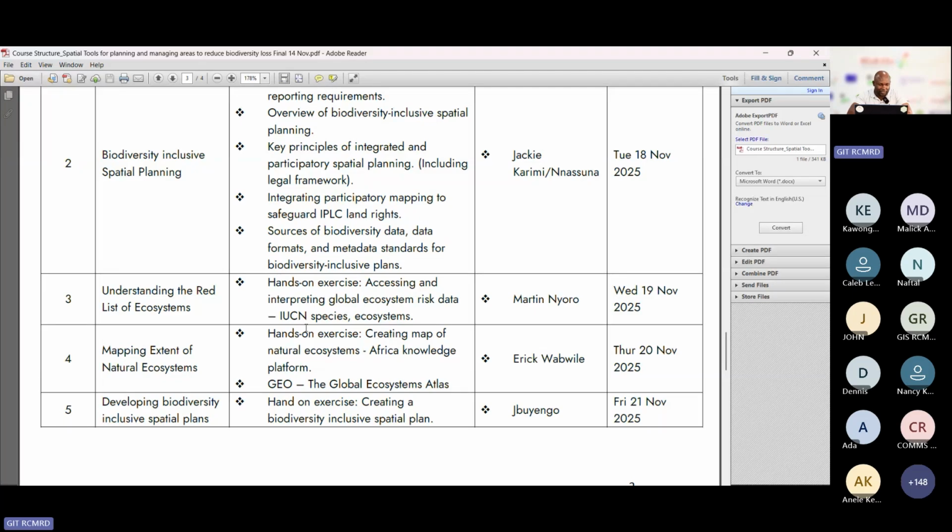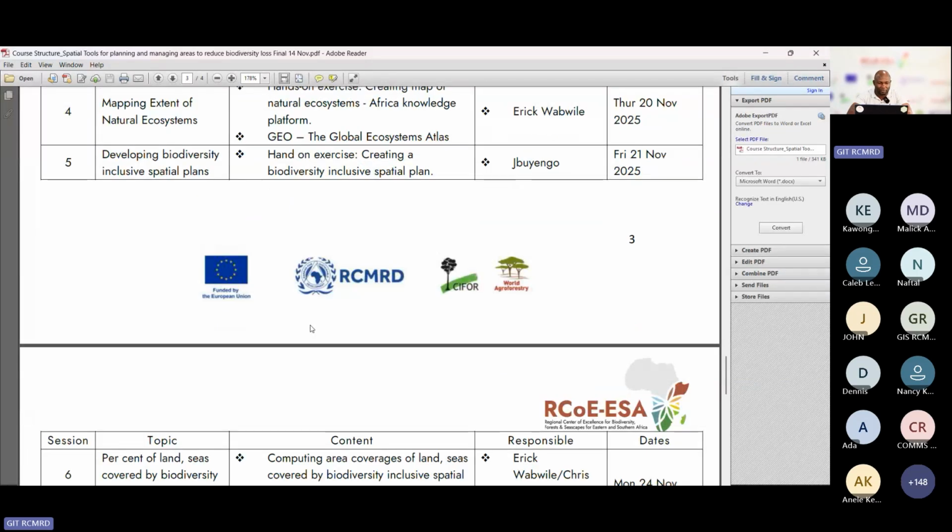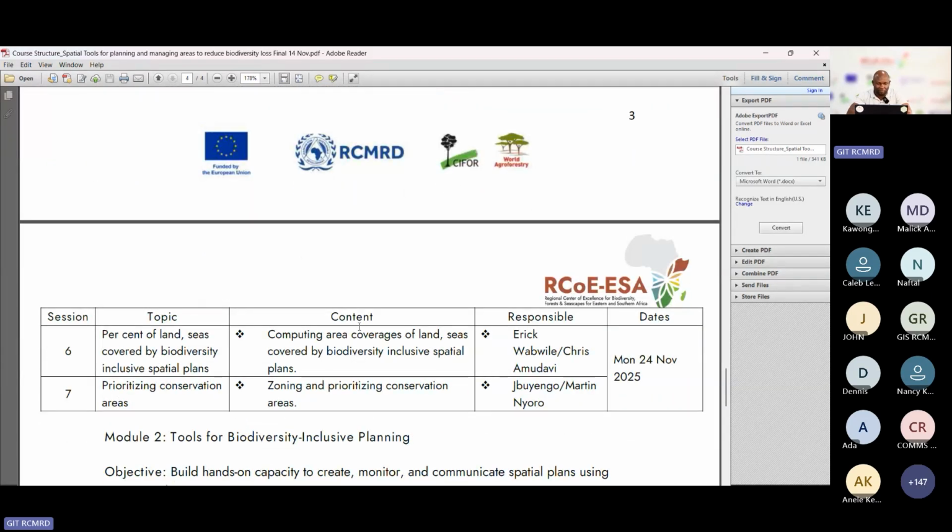We'll map the extent of natural ecosystems under session 4. Under session 5, we'll do hands-on work on developing a biodiversity-inclusive spatial plan. Session 6 will be computing areas for purposes of determining how far we have covered in terms of biodiversity conservation.